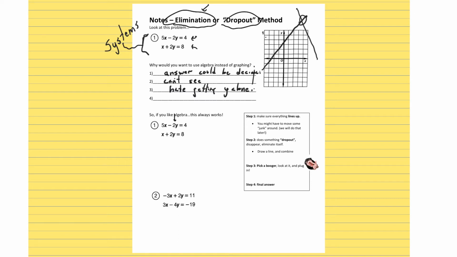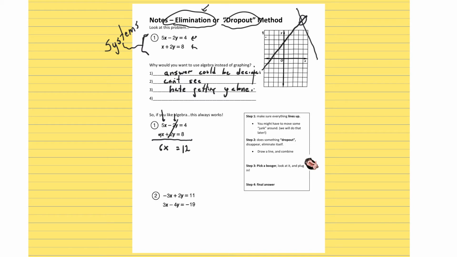So when you see something getting ready to drop out, we draw a line and combine. Meaning we literally combine the two equations into one. So 5x plus invisible 1x equals 6x. The y's cancel out, drop out, and we get equal to 12.